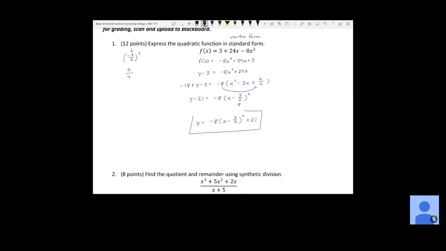And this would be our function in standard or vertex form. Any questions on any of the steps for that one now?